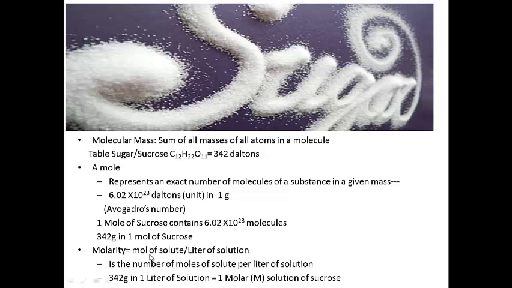So you know there are 342 grams in a mole, but you're going to dissolve this in a liter of solution. Now, what you will not do is take 1 liter, measure it up in your graduated cylinder, and then pour 342 grams into that. That's not how we do it.